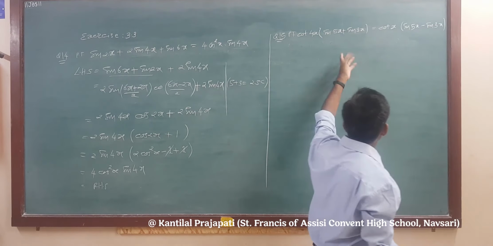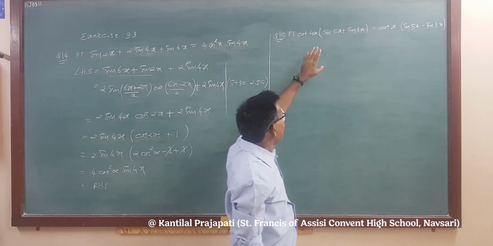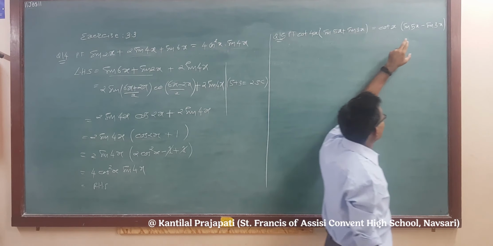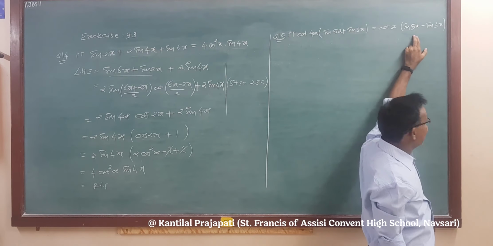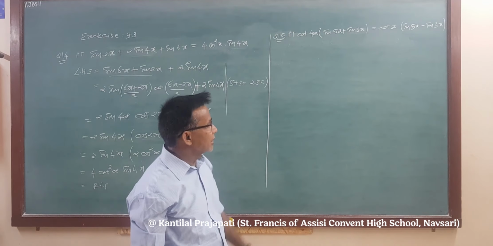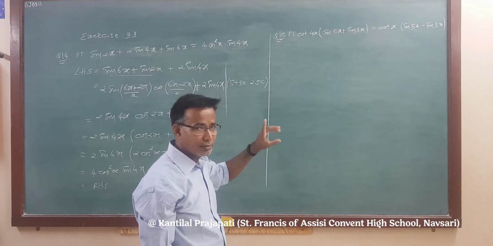So what is the change in LHS and RHS? The second term in the product, see the sin 5x plus sin 3x, and here only sin 5x minus sin 3x. So we may multiply and divide by sin 5x minus sin 3x to get the RHS term, right?